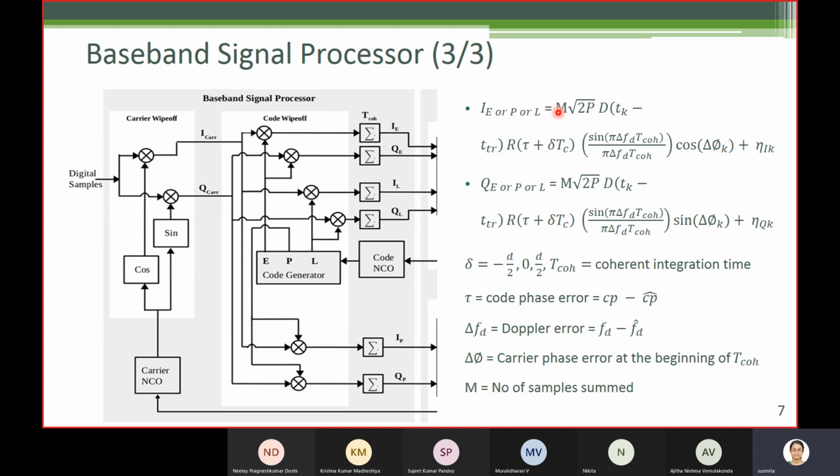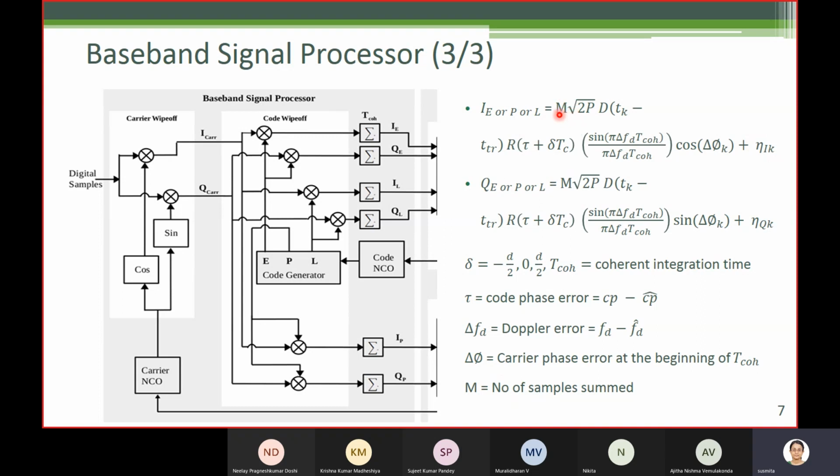This is a big term. This has an important implication. While talking about the front end, I mentioned that the signal is very weak. Signal power is below the noise power. You cannot separately identify the signal. Now here, this is the signal component, coming from the signal. This is noise.